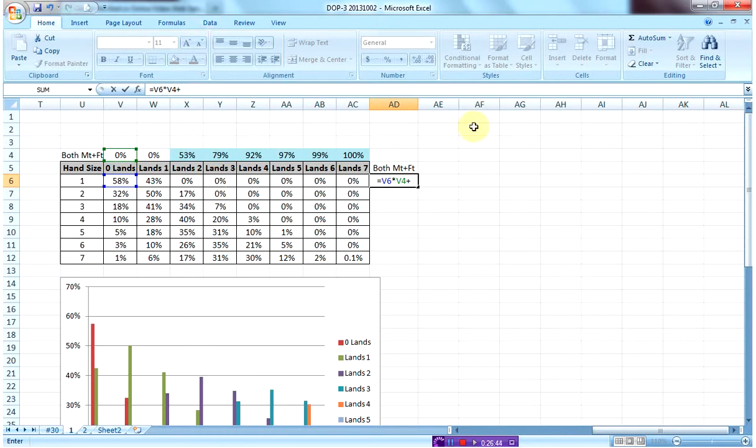Plus, here we get into the OR rule of probability where we add them together, or there's a 43% chance of 1 land, in which case there's a 0% chance of having 1 of each. And we can just go all the way down the line like that.